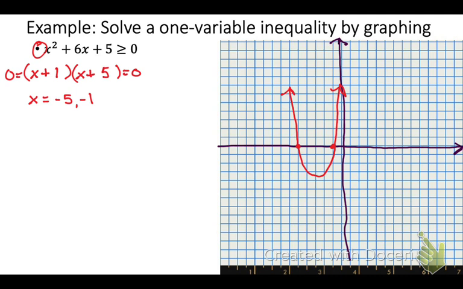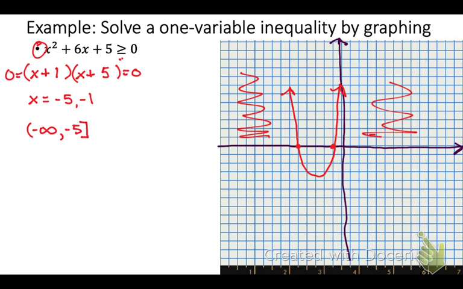Okay, so we're here. I want to know where it's greater than or equal to 0, so positive. Where's that at? The left and the right. Negative infinity to negative 5, but at negative 5 shouldn't I have a bracket, not a parenthesis this time? Because it's included.